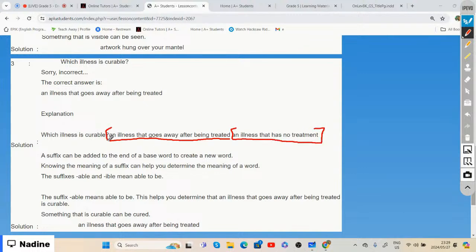So, which one is curable? The first one, which is an illness that goes away after being treated, or the second one, which says an illness that has no treatment. Something that is curable, an illness that is curable.